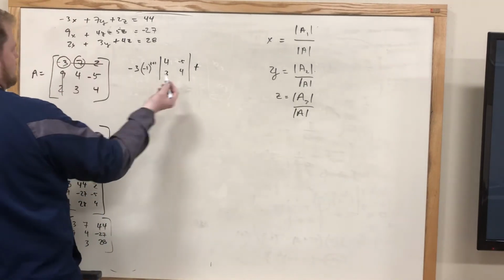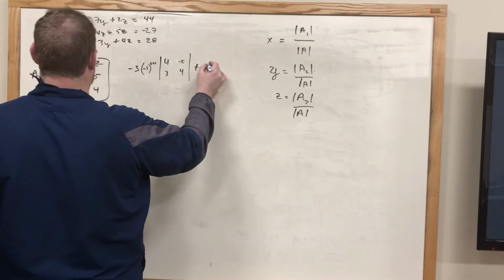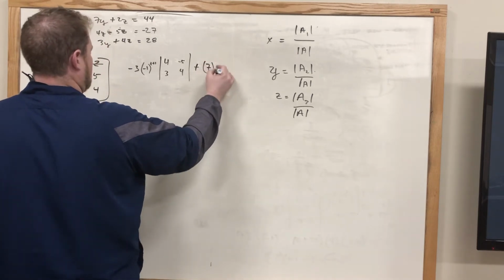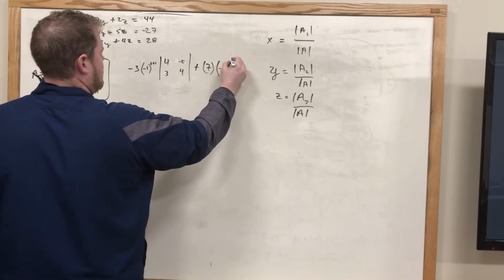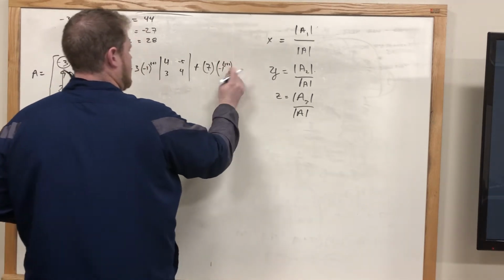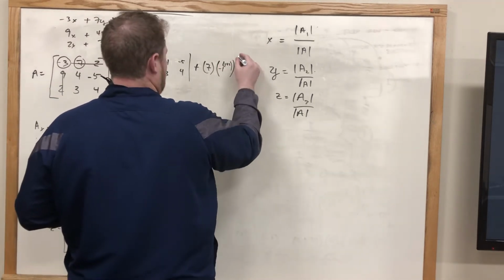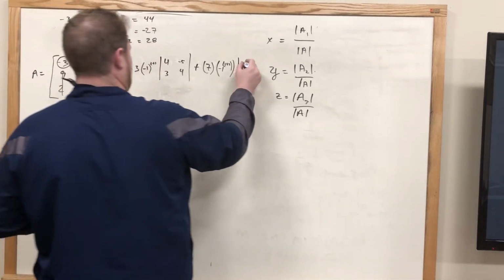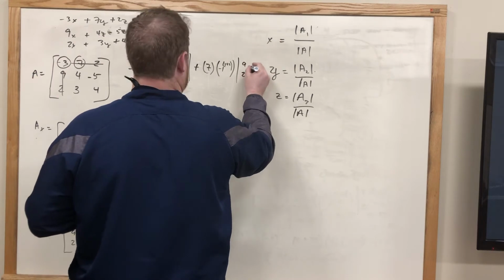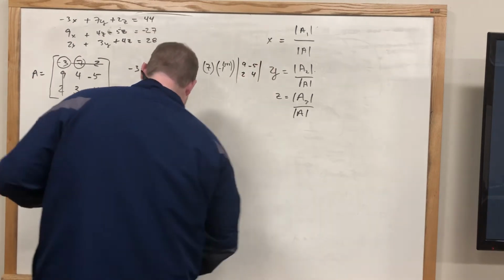So we'll go across the top, just for fun. 7, negative 1 to the 1 plus 2, and what's left is 9, 2, negative 5, and 4.